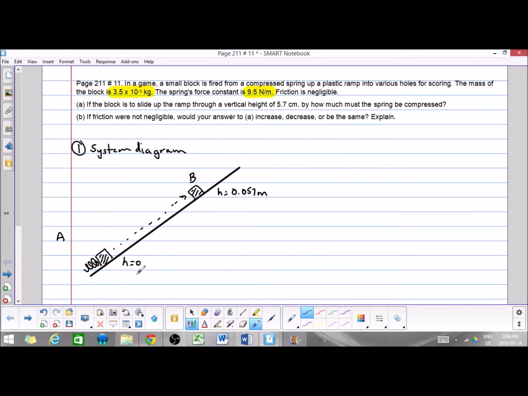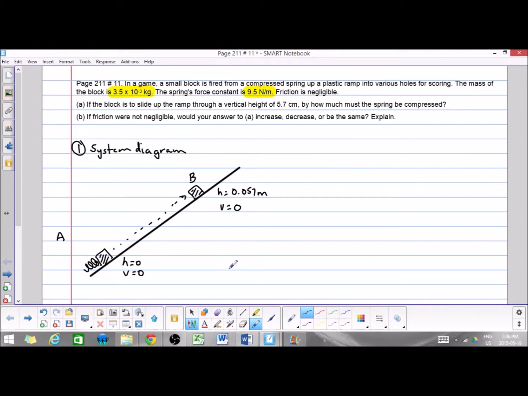It will be released from rest after compressing the spring, so v here is 0. At the maximum height, after it's gone up the ramp, it slows and slows before it turns down, but it's reached its maximum height. So v is also 0 at the top.